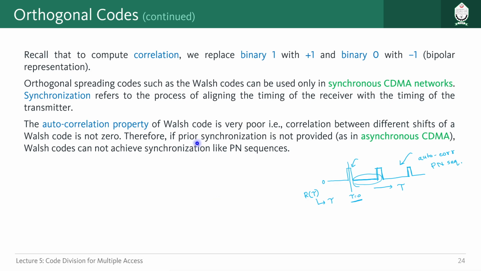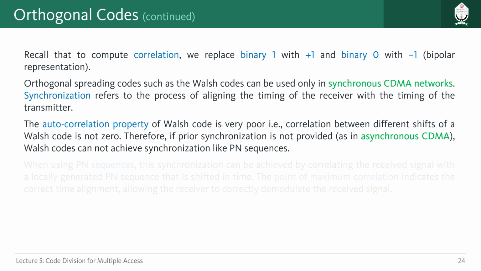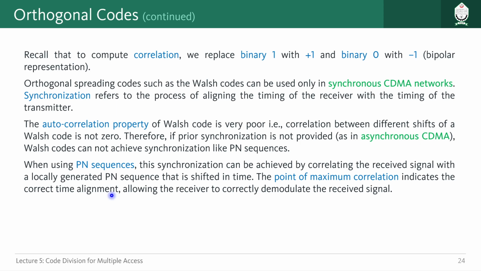Therefore, if prior synchronization is not provided, like in asynchronous CDMA, Walsh codes cannot achieve synchronization. So what happens when we use PN sequences for spread spectrum? This kind of synchronization can be achieved by correlating the received signal with a locally generated PN sequence that is shifted in time.